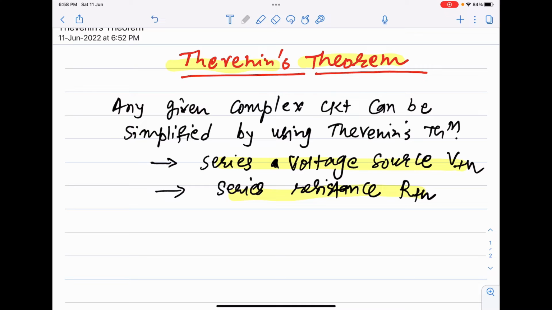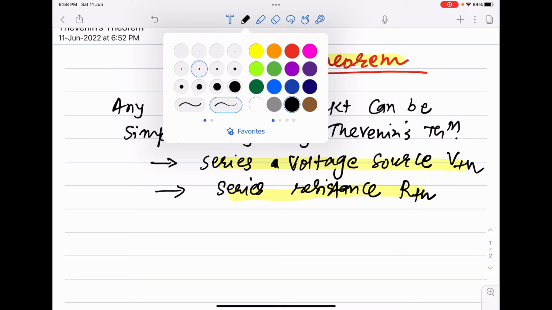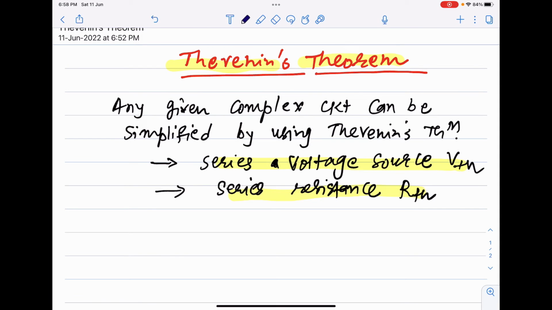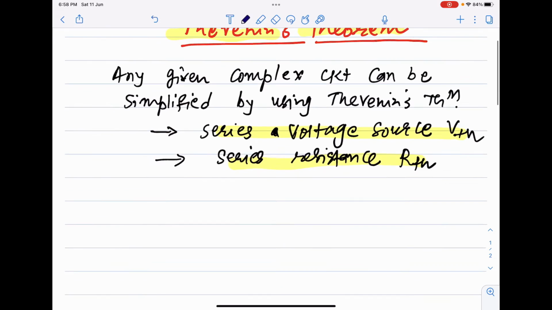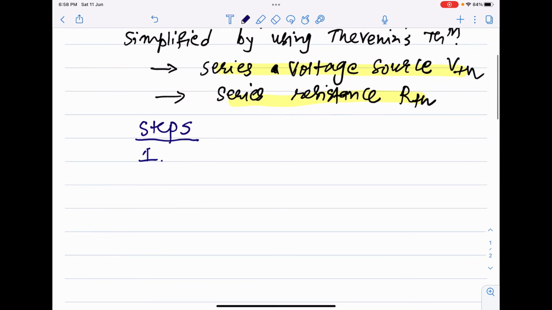So now let us understand how it is possible to convert the given circuit into a Thevenin equivalent circuit. This circuit is called a Thevenin equivalent circuit. So the steps for conversion of the given electrical circuit into Thevenin equivalent circuit are like this.